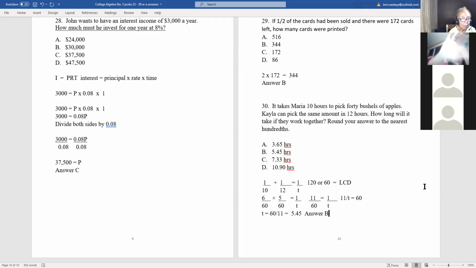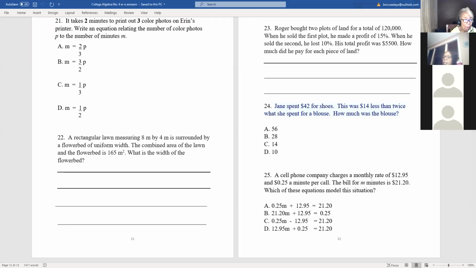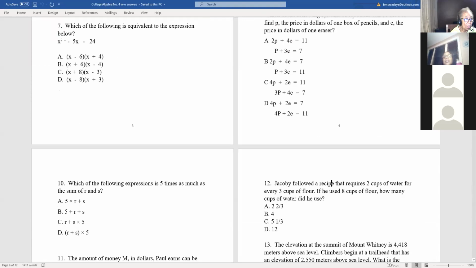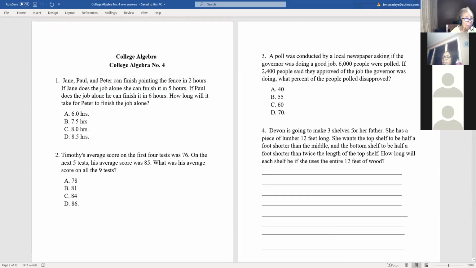And for number 4, I want to do a new share. I think I have number 4 out here. Okay. Homework. This is number 4. Do number 1, 2, 3, and 4.